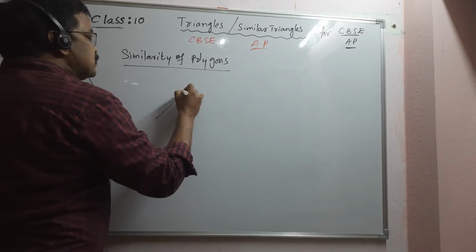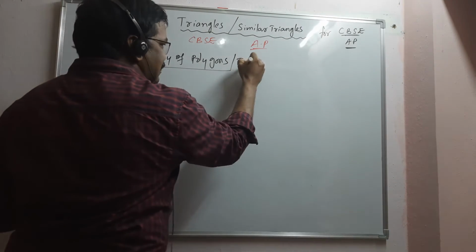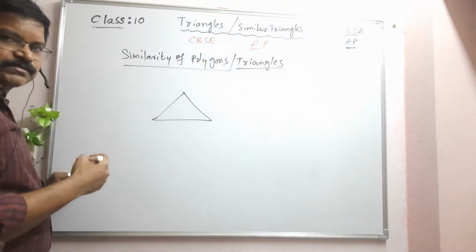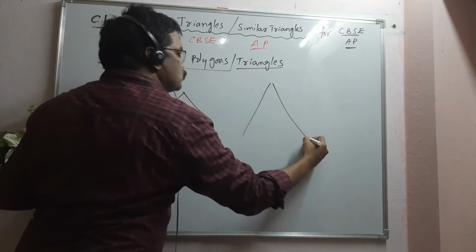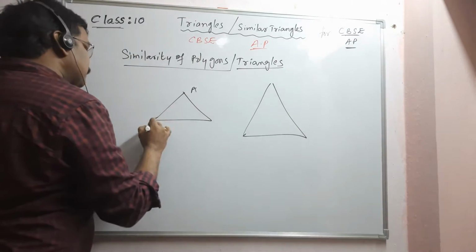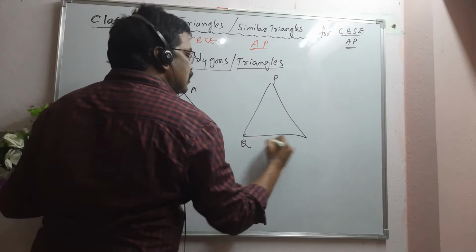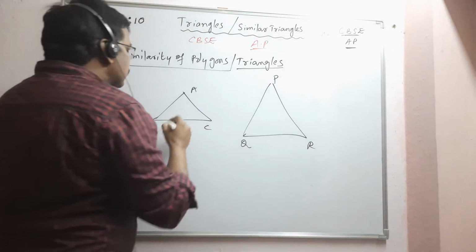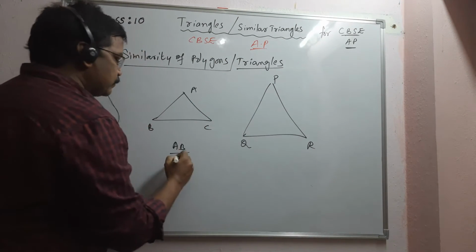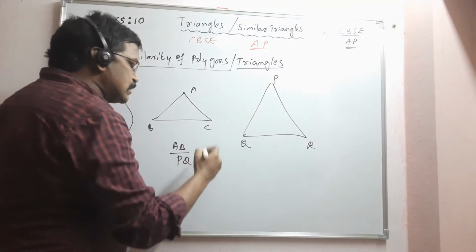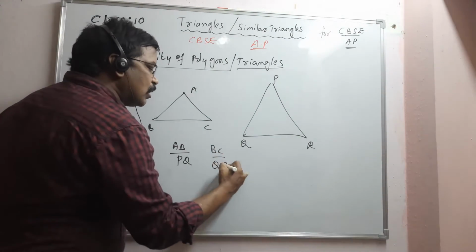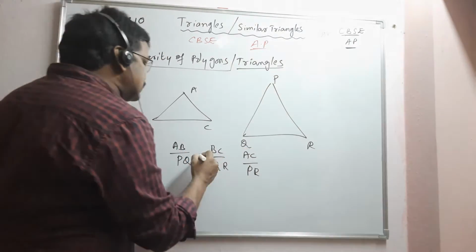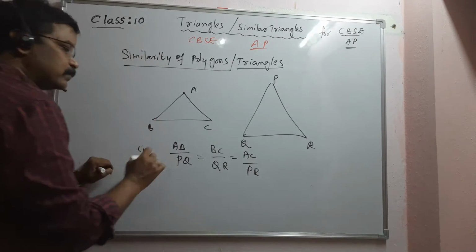See, what about the similarity of polygons or triangles? I will take two triangles. Example, ABC is one triangle, PQR is another triangle. Here in these two triangles, the ratio of AB by PQ, BC by QR and AC by PR, the ratios of the corresponding sides are equal.